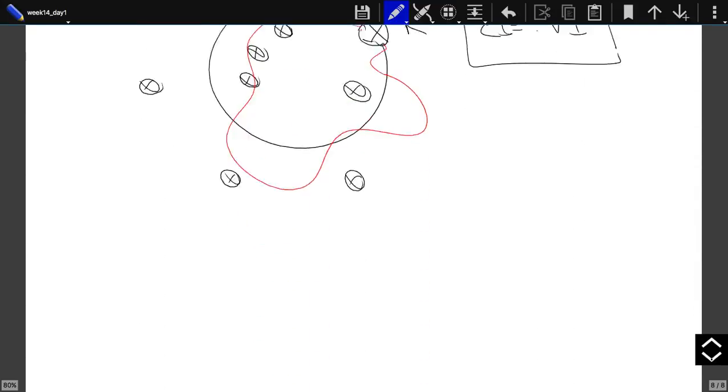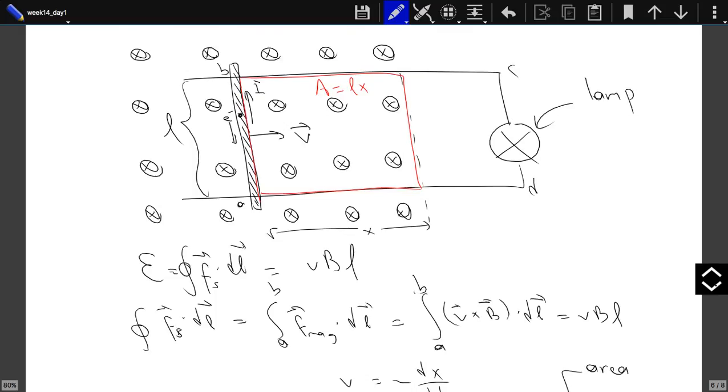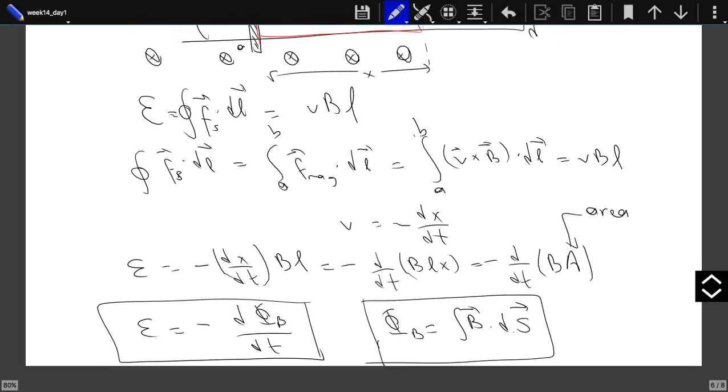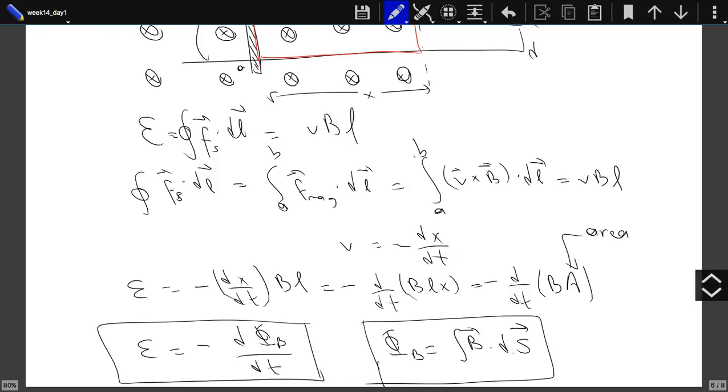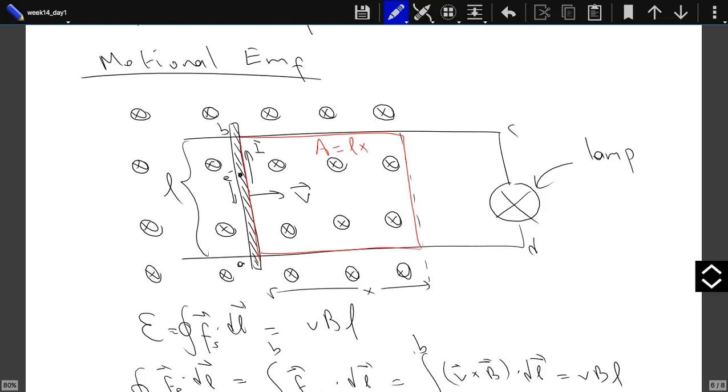And just a last word. Well, you see, this form of defining the EMF will also be reference frame independent. This way of looking at it, okay, this is moving with a velocity v, is kind of a reference frame dependent description, because v depends on which reference frame you are in.